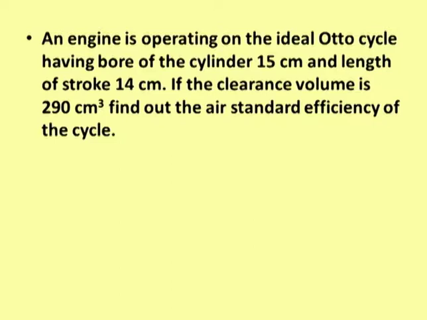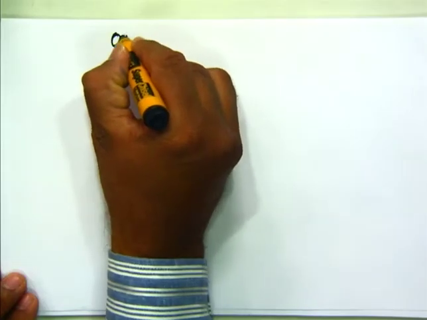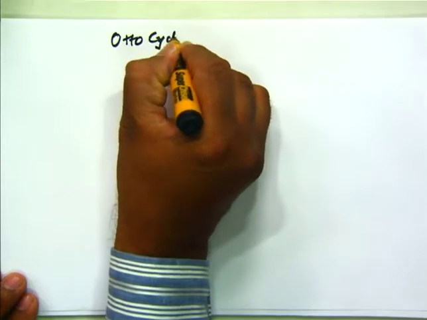If the clearance volume is 290 cm3, find out the air standard efficiency of the cycle. I am repeating the data. Try to understand. An engine is operating on the ideal Otto cycle.